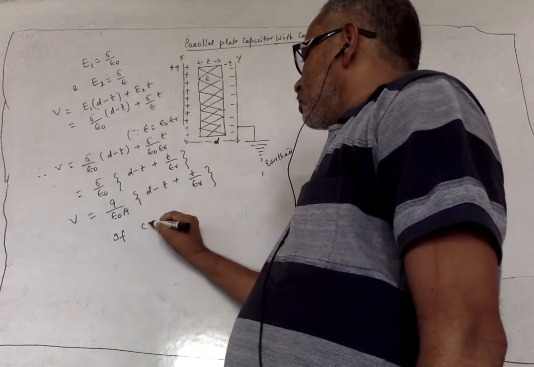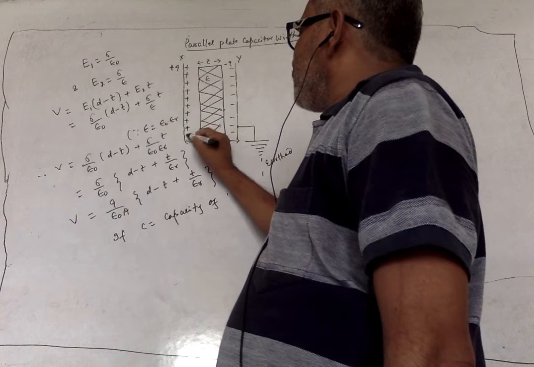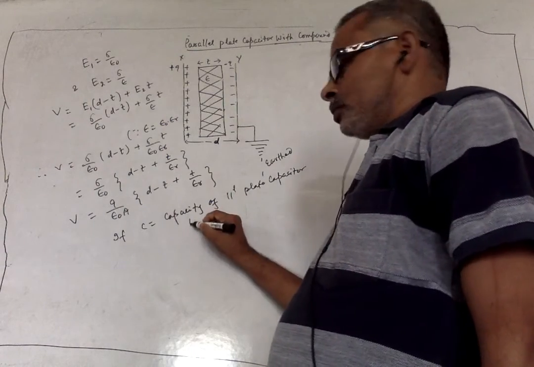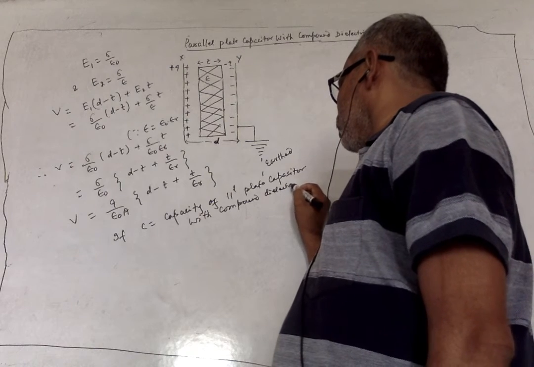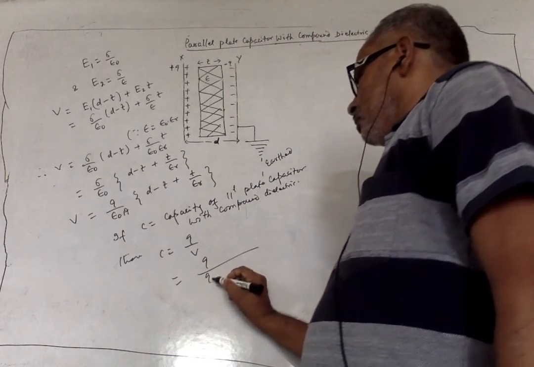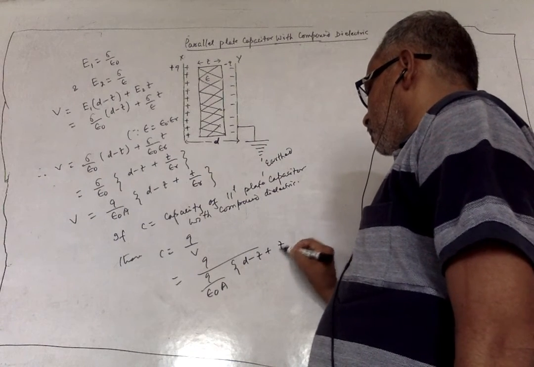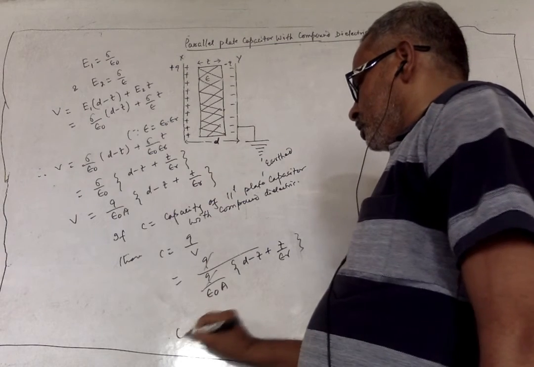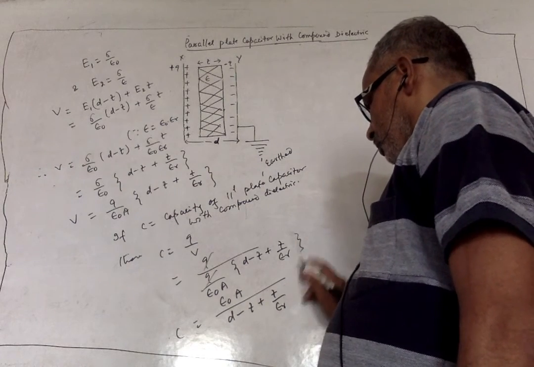If C equals the capacity of the parallel plate capacitor with compound dielectric, then C equals Q by V. Putting the value of V, C equals epsilon naught A by (d minus t plus t by epsilon r).